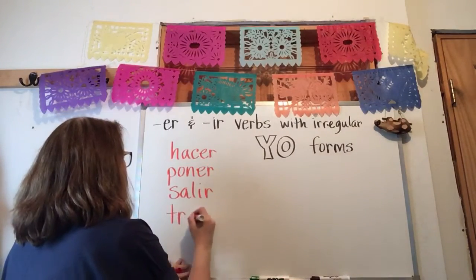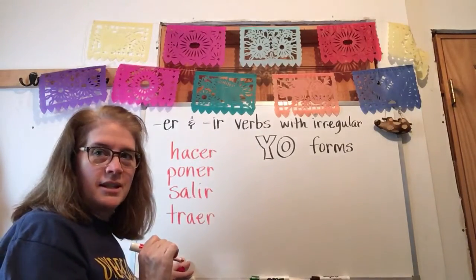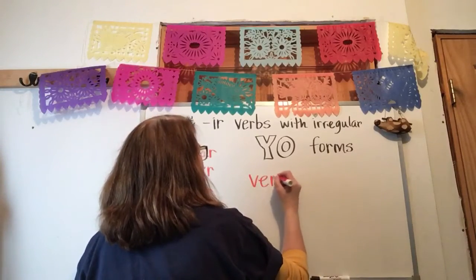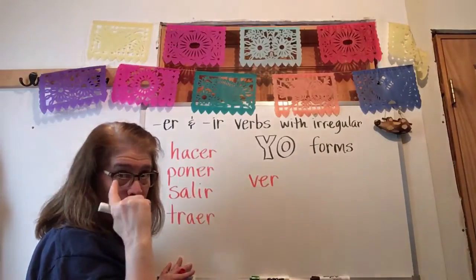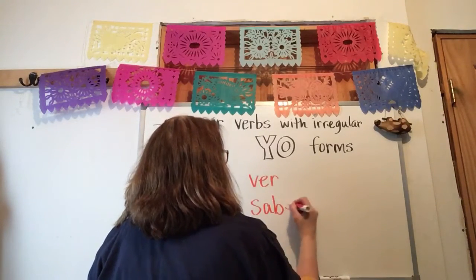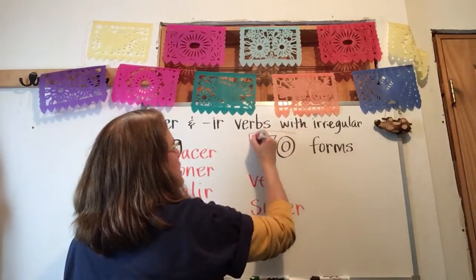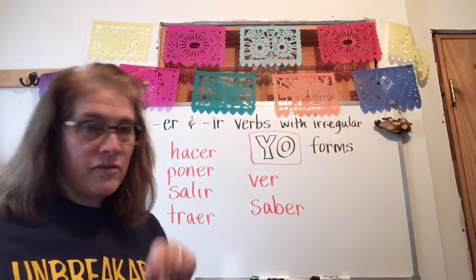Okay, and then we have traer, which means, okay, and then two more are ver. You remember that means to, and the last one is saber. Okay, so be careful, because if any of these are in the yo form, there's a different form, okay?